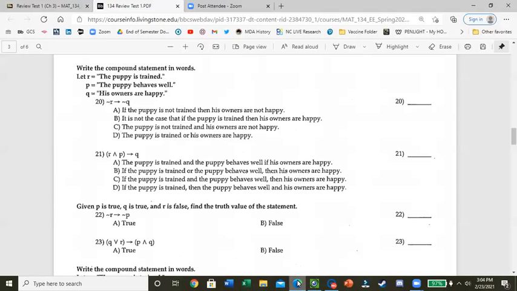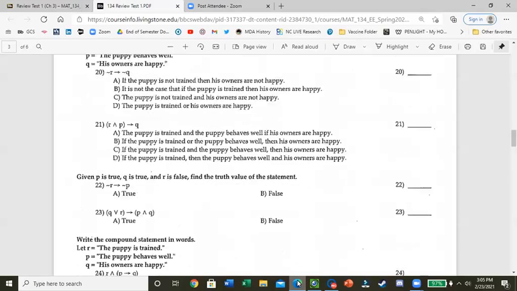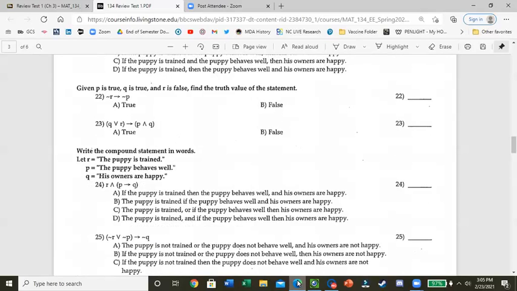One. If P is true, Q is true, and R is false. Okay, now with three, here we have P, Q, and R. So this would produce 8 rows.